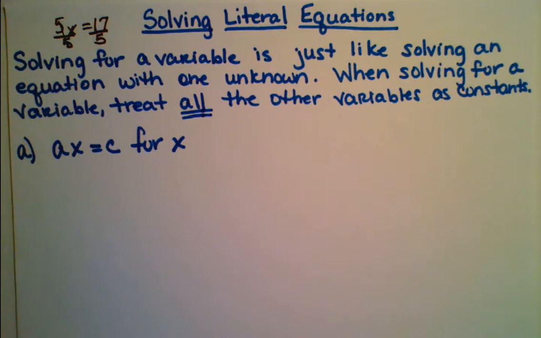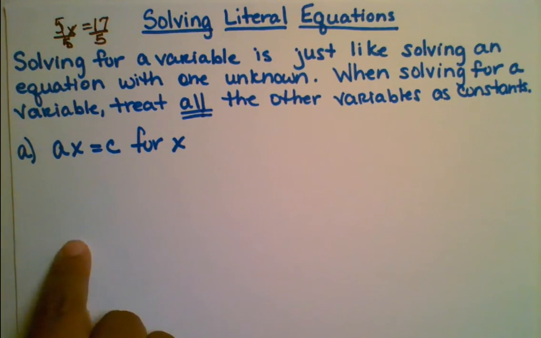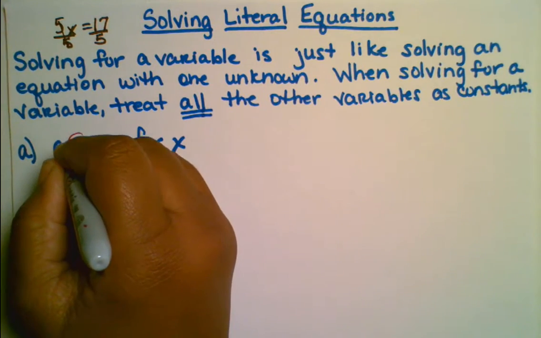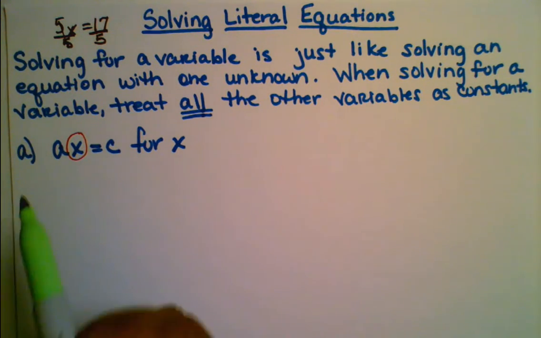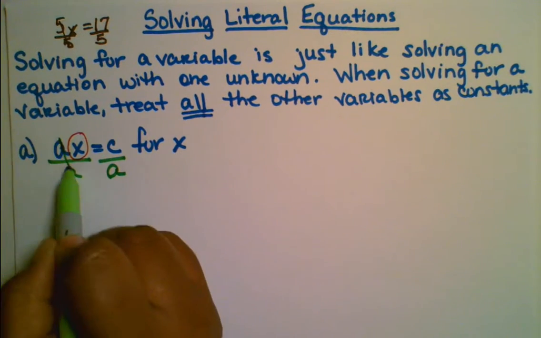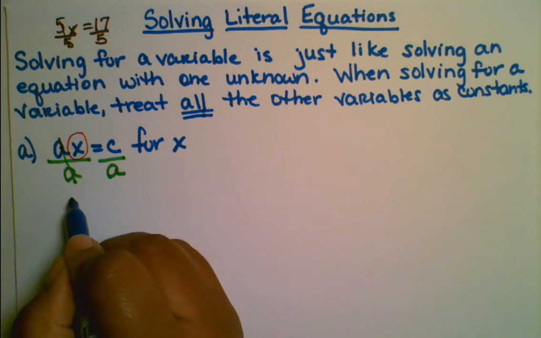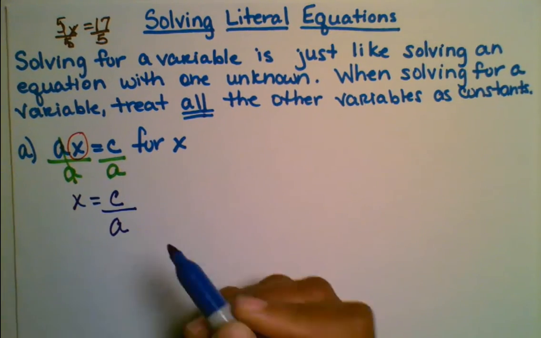Since we're treating the other variables as constants, we're going to do the same thing here. We're asked to solve for x. x is not what we're going to move. What we're going to move here is the a. How do we do that? We're going to divide by a on both sides, and we have a solution of x is equal to c all over a.